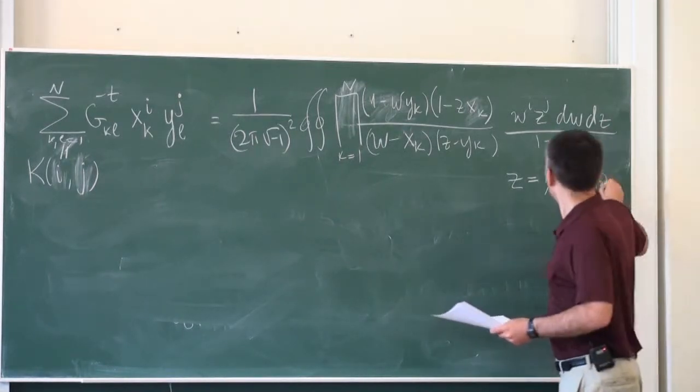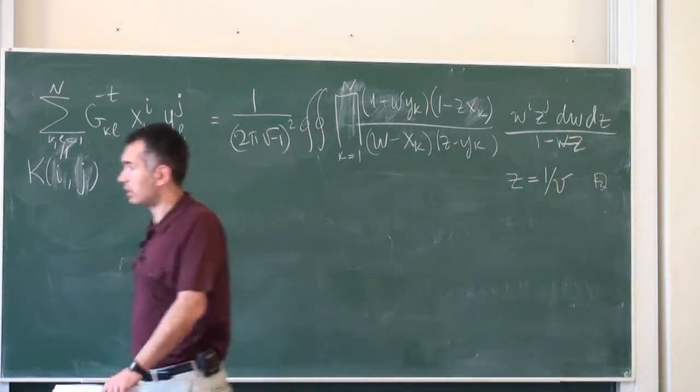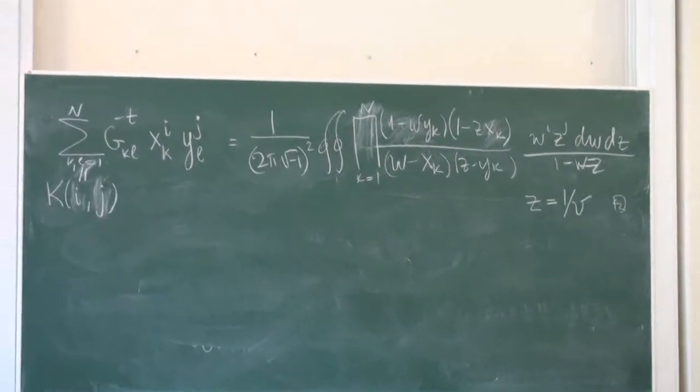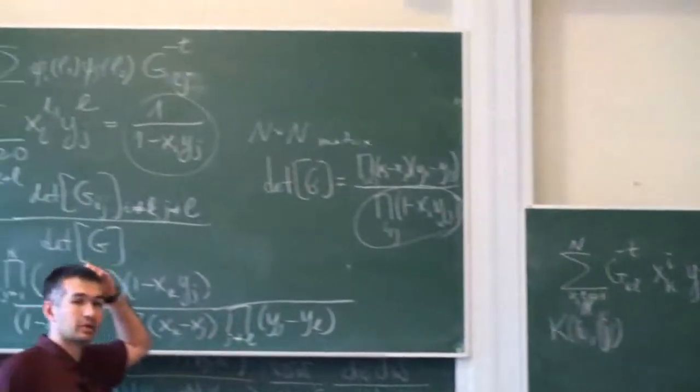Now, the lesson one should draw from this computation is that we got lucky with the fact that the inverse matrix was explicitly computable.